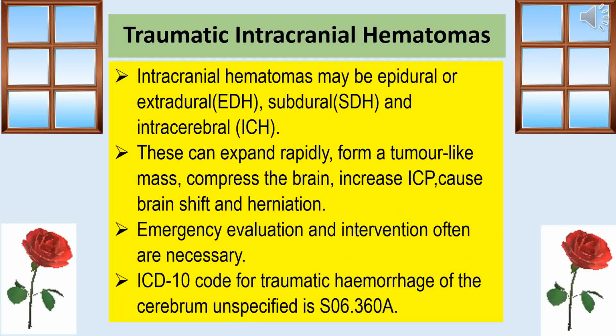Traumatic intracranial hematomas may be epidural or extradural, that is between dura mater and skull, subdural, that is between dura mater and arachnoid, and intracerebral, that is within the brain tissue. These can expand rapidly and form a tumor-like mass, which compresses part of the brain and increases intracranial pressure, resulting in brain shift and subsequent herniation.